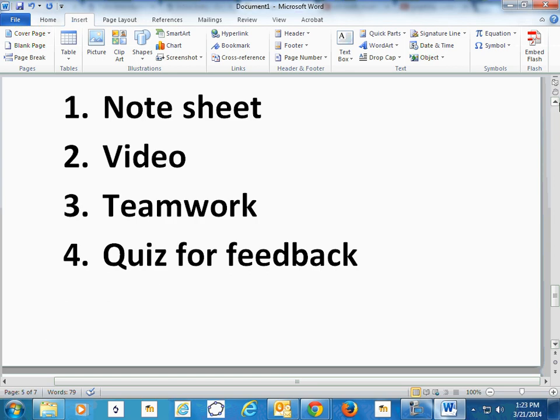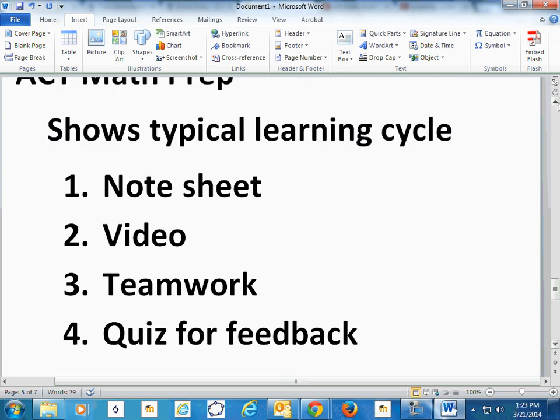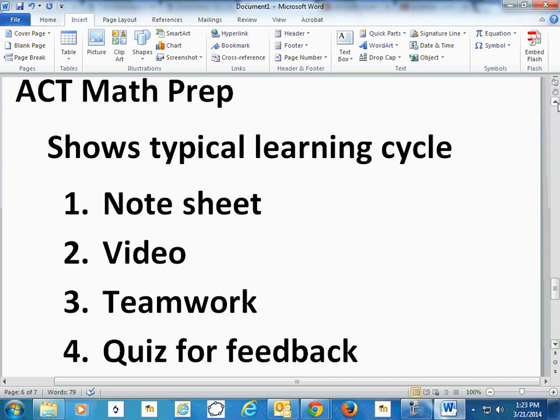ACT Math Prep is one that reveals quite a bit about the learning cycle that I use. I have a note sheet that they print out and take notes on while they watch the video, and they print out two teamwork papers to share with their neighbor and answer questions, ask each other questions before they go for a quiz.